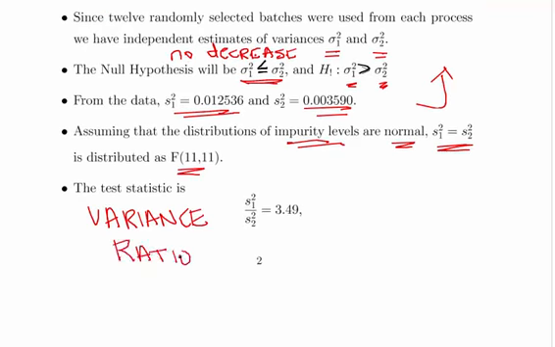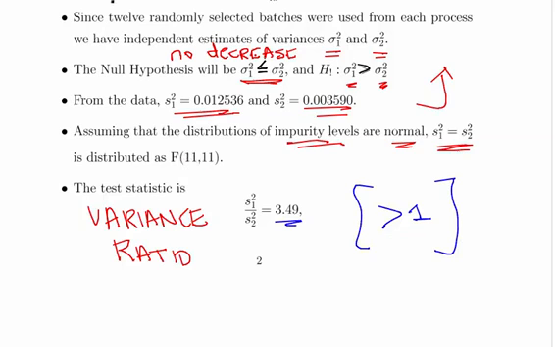Now what you would usually do when you're calculating this test statistic is have it such that it comes out as a value greater than 1. So just adjust things so that the test statistic value comes out greater than or equal to 1. But that has implications for our degrees of freedom.